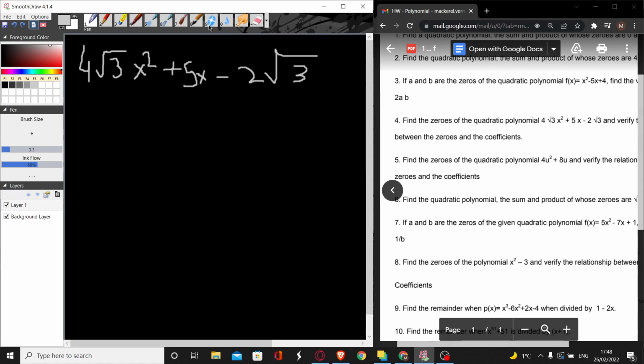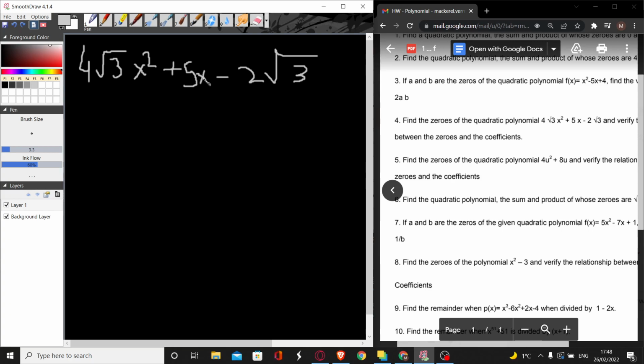Now we've gotten our product and we already know the sum because we've already multiplied a with c, so there's no need to do anything with b. So now we already know that the product is minus 24 and the sum is 5x, it means that 8 and minus 3 are going to be the two numbers, because 8 times minus 3 is minus 24 and 8 minus 3 is 5.